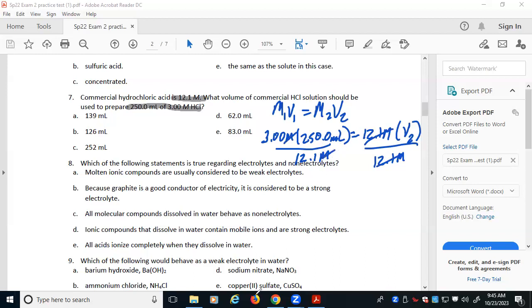Molar cancels out on the number side, leaving V2 on the other side. 3 times 250 divided by 12.1 will give us 61.98, which rounded to 3 significant figures is 62.0 milliliters. So that would be D.